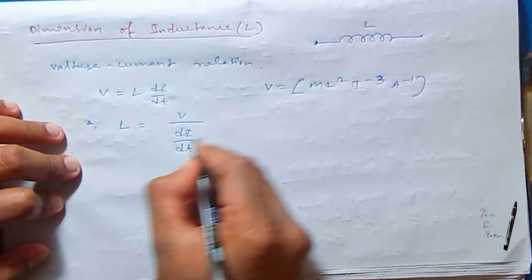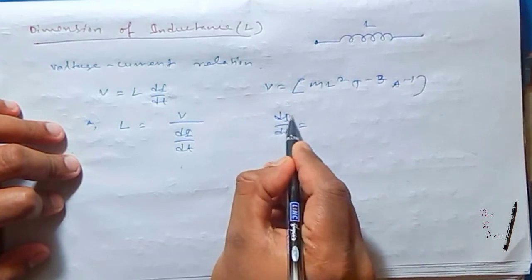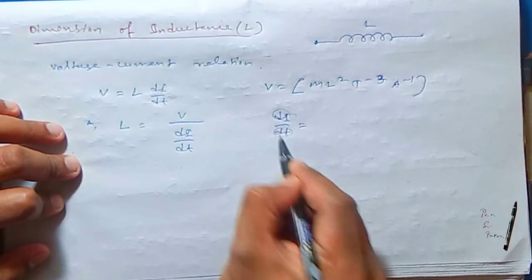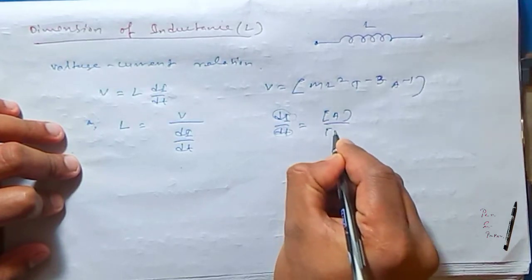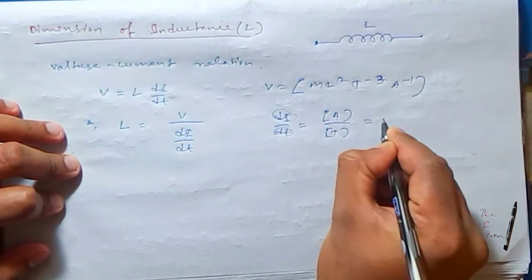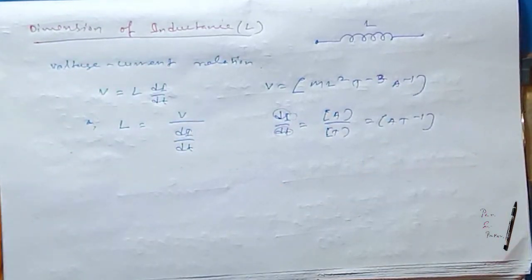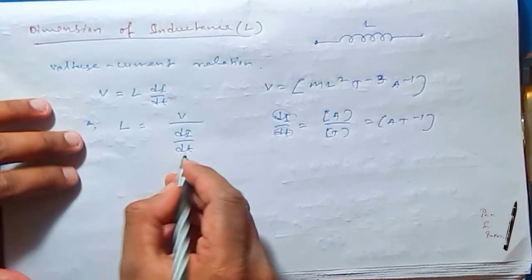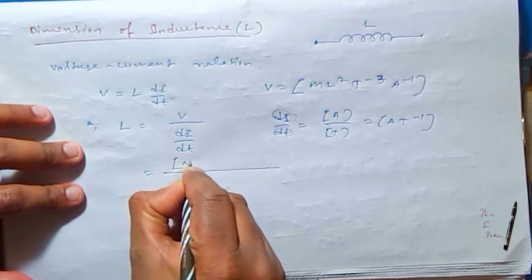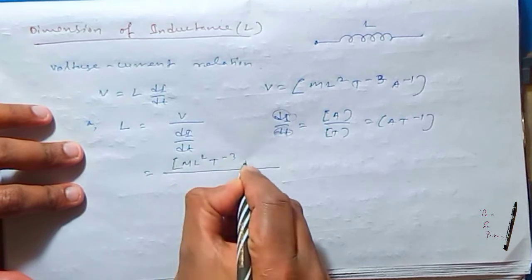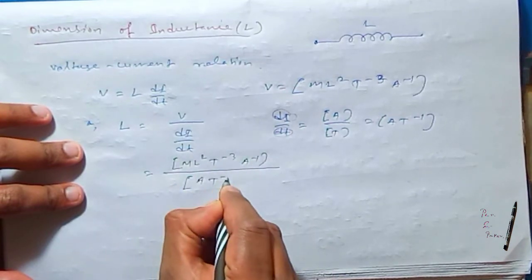And the dimension of di by dt, change of current over change of time, is A T inverse 1. So the dimension of inductance will be voltage, M L square T inverse 3 A inverse 1, divided by A T inverse 1.